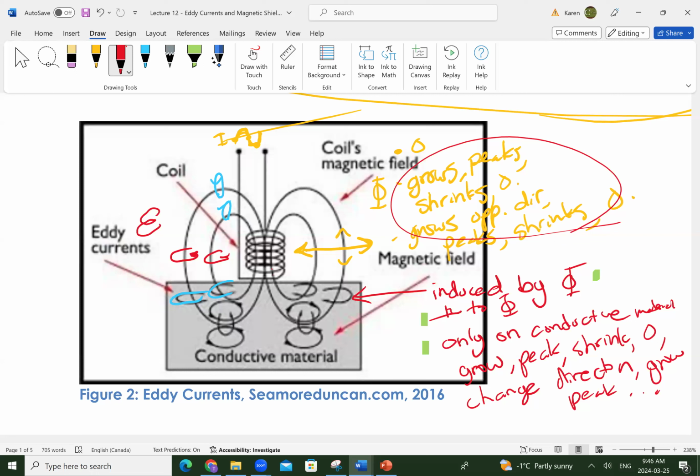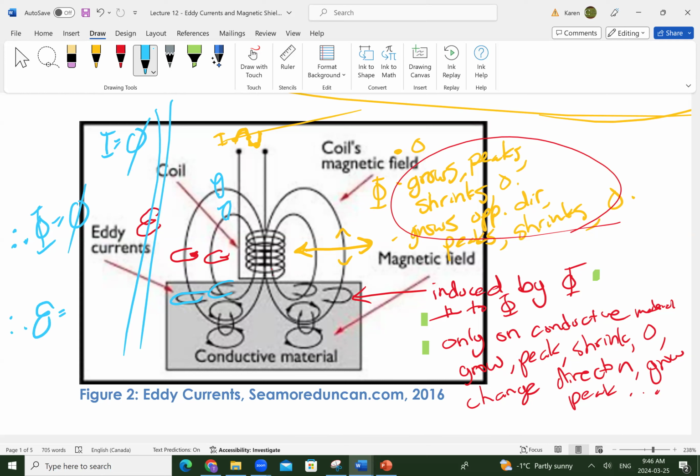Now, if I set this current at zero, I'm going to do that over here, then therefore flux will be nothing. Therefore, eddy currents, I made up that symbol, will be nothing.